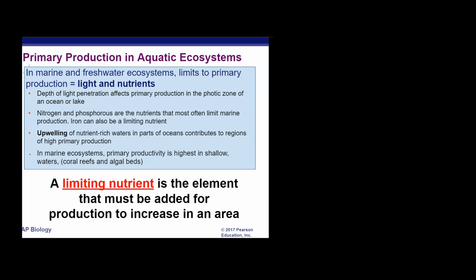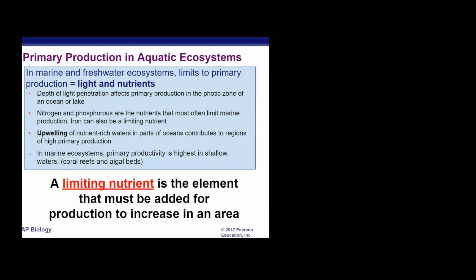And it has to do with currents. So when we have an upwelling of water, which means water is cycling from the bottom of the ocean up to that photic region, what it carries with it from the bottom are nutrient-rich waters.